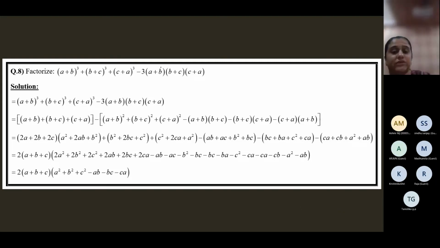Yeah, children. So write down the given expression which is to be factorized.